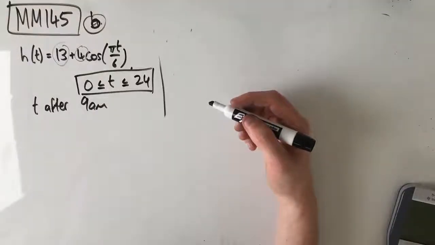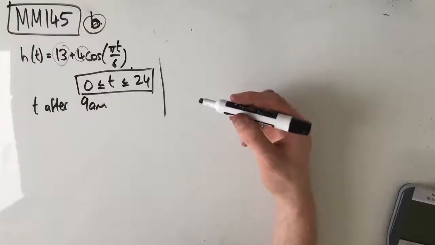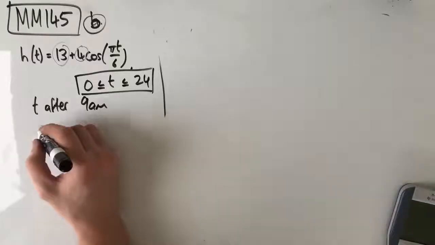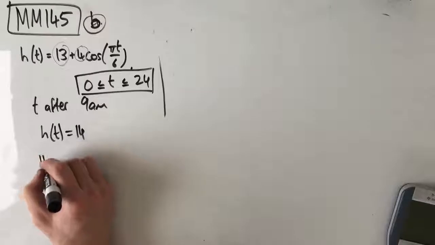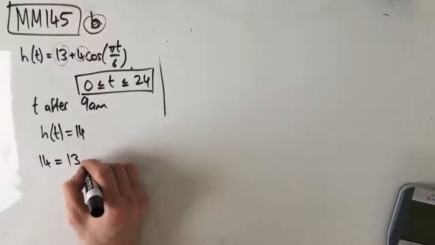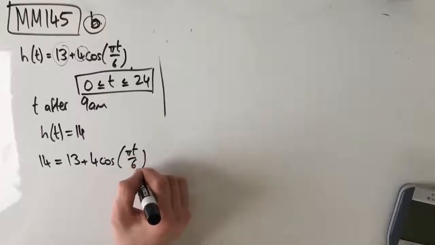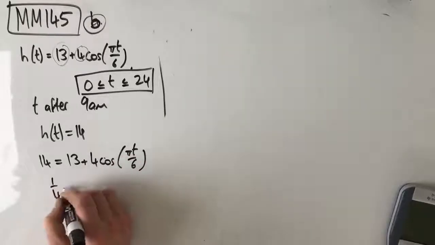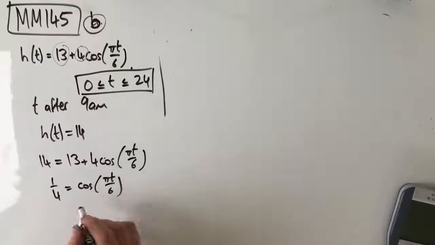So first things first is actually trying to figure out where it equals 14 in the first place. So we know that h of t has to equal 14, which means that we're going to get 14 equals 13 plus 4 cos of pi t on 6, which means we're going to get 1 on 4 equals cos of pi t on 6.